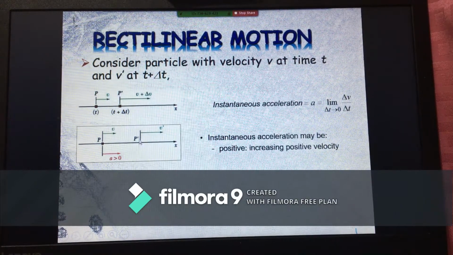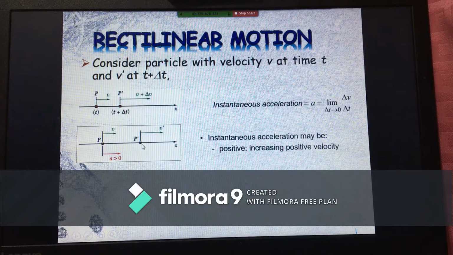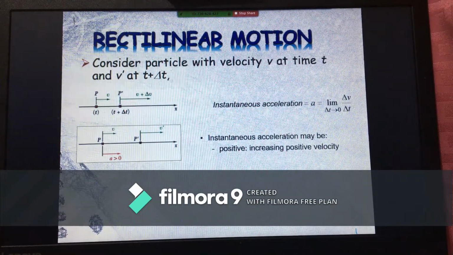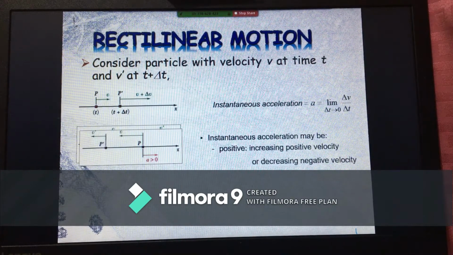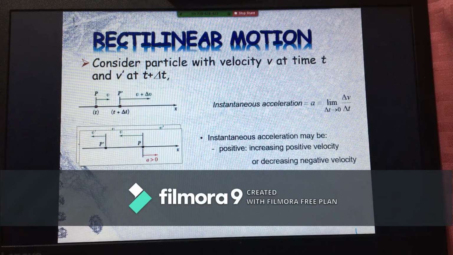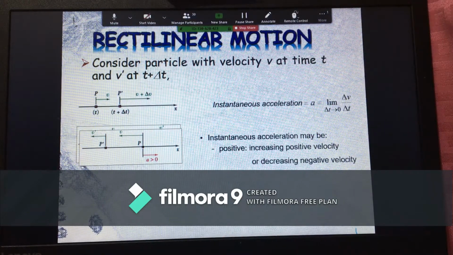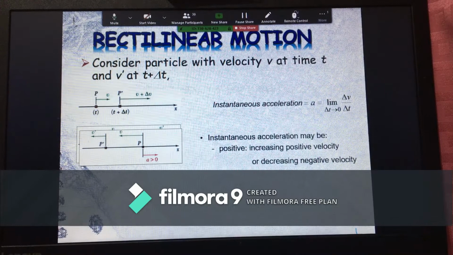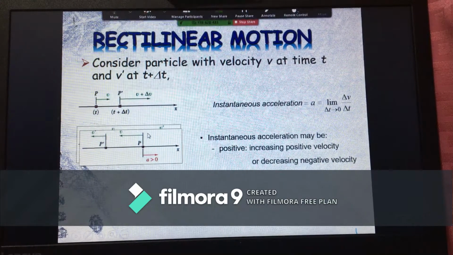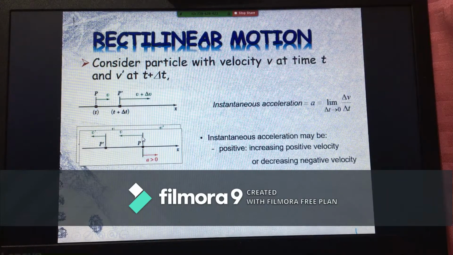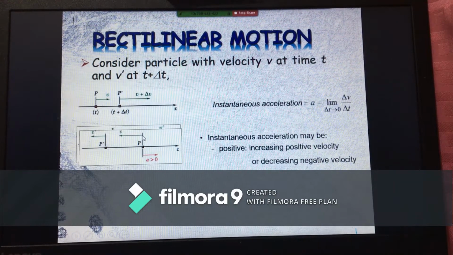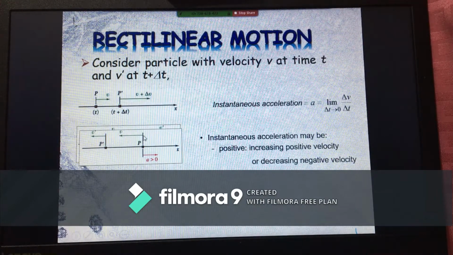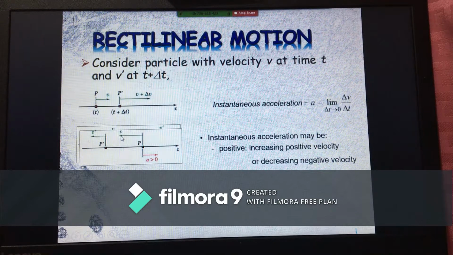Okay? First scenario yan. Another scenario, it can also be positive even if the particle is moving to the left. So you can see here that the particle, so nakita natin dito na yung arrow niya is mahaba, no? Mahaba, going to the left. Tapos umikli. Umikli yung arrow ng V. Okay?